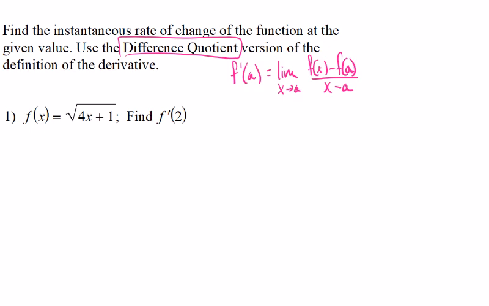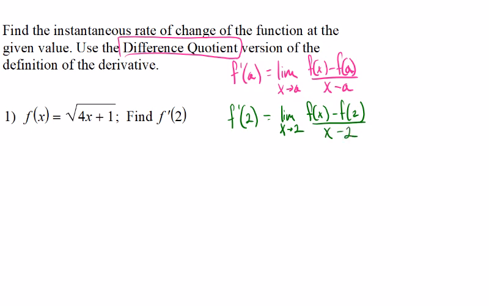And so remember that to get started, we have to find f of a. In this case, a is 2, right? So I'm going to rewrite this formula with 2 in there. So f prime of 2 equals the limit as x approaches 2 of f of x minus f of 2 all over x minus 2.